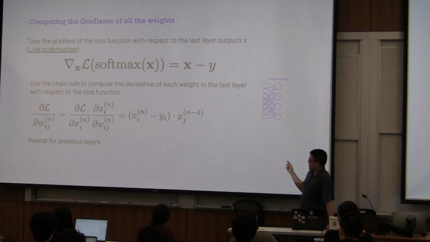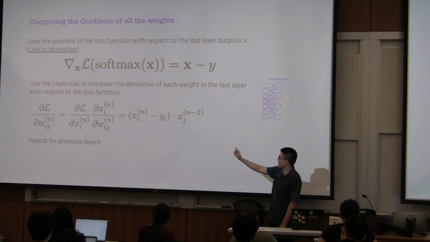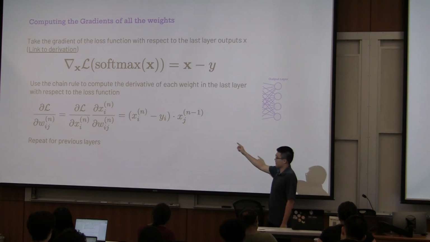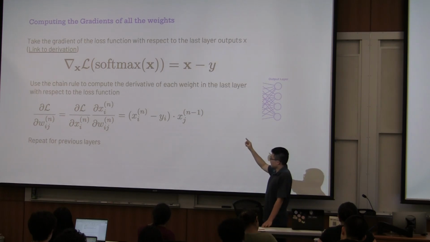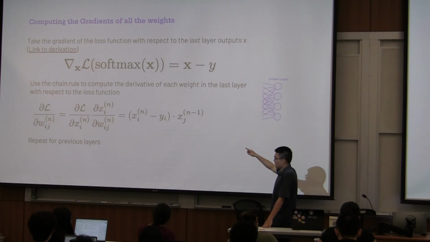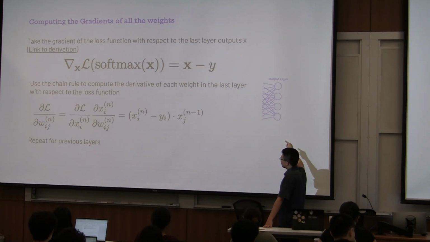And then we can just sub in the values, right? We know partial loss over partial xi was just xi minus yi, for the ith element of x and the ith element of y. And then the partial xi with respect to partial wij, remember that was something like wij times xj from layer n minus 1, right?